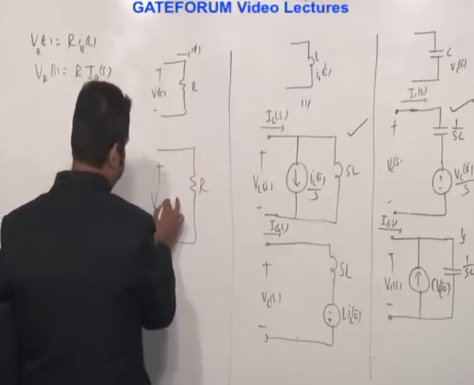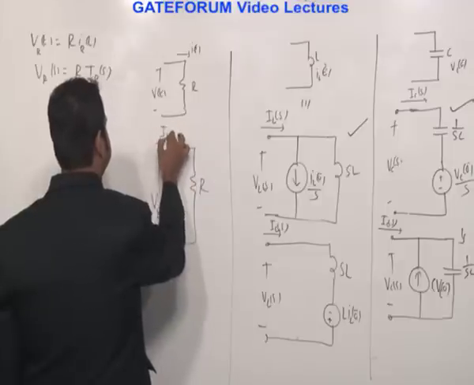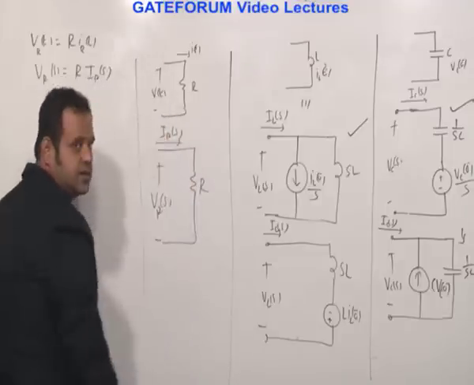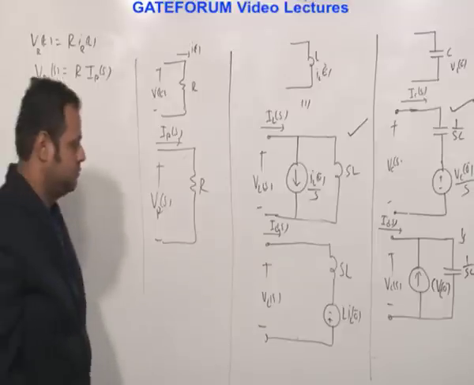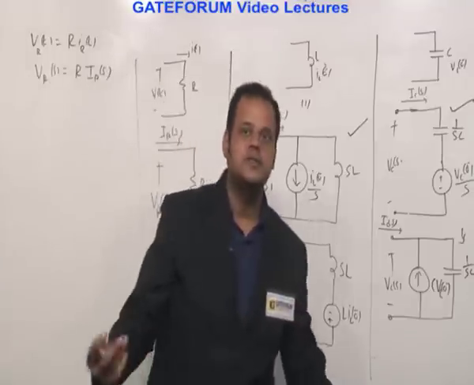This is R, this is V_R of S, this is I_R of S. So these are the circuit models of R, L and C in the Laplace case.